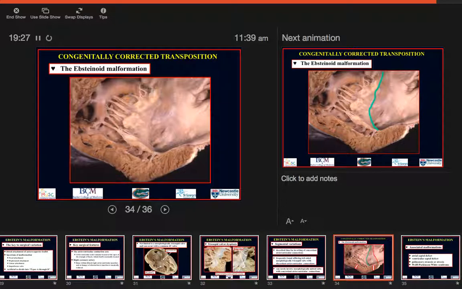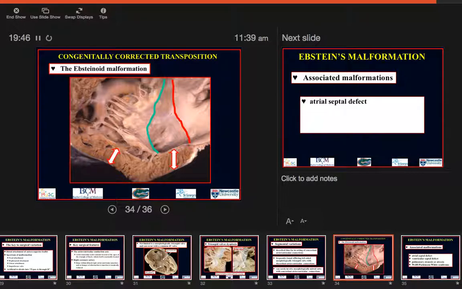There is a difference between the Ebsteinoid malformation and the typical situation with concordant atrioventricular connections. In this heart from congenitally corrected transposition, you see the rotational displacement again, but without any thinning of the inlet component, which retains the comparability in thickness relative to the apical component.